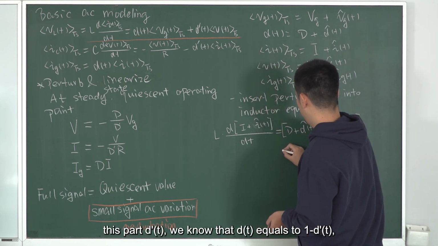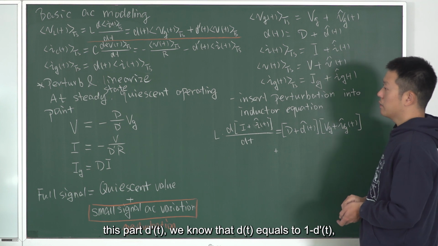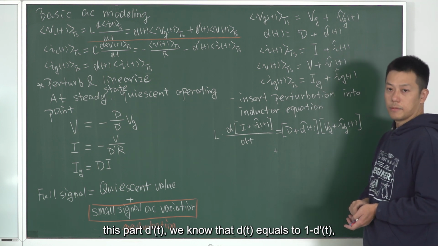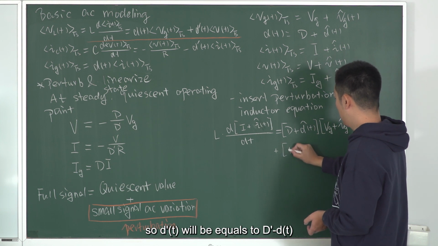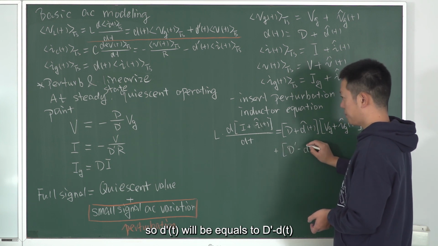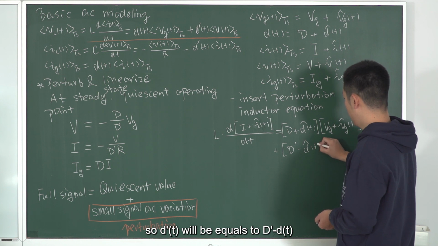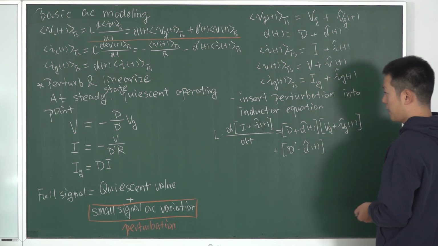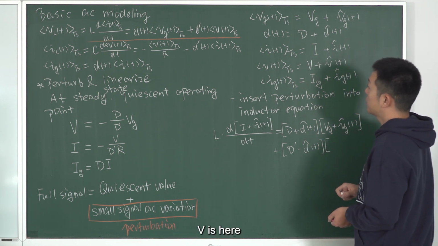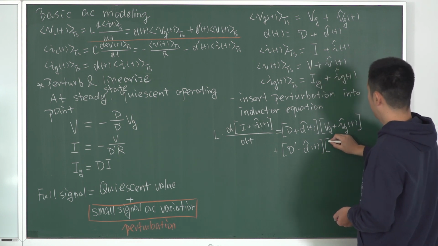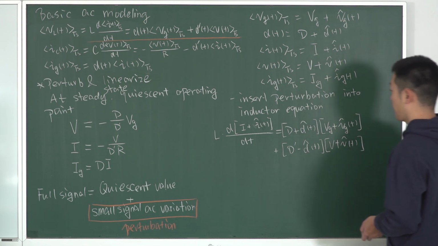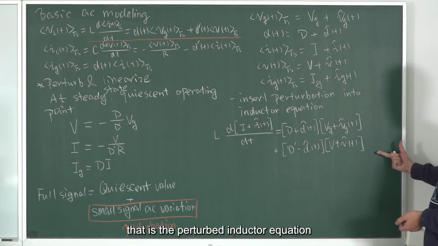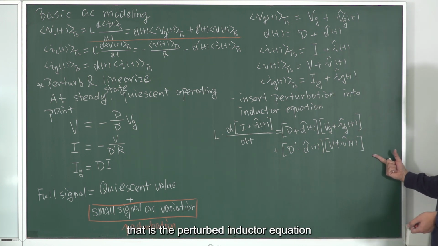This part, d prime t, we know that d equals 1 minus d prime, right? So d prime t will be equal to d prime minus small signal d. V is here. That is the perturbed inductor equation.